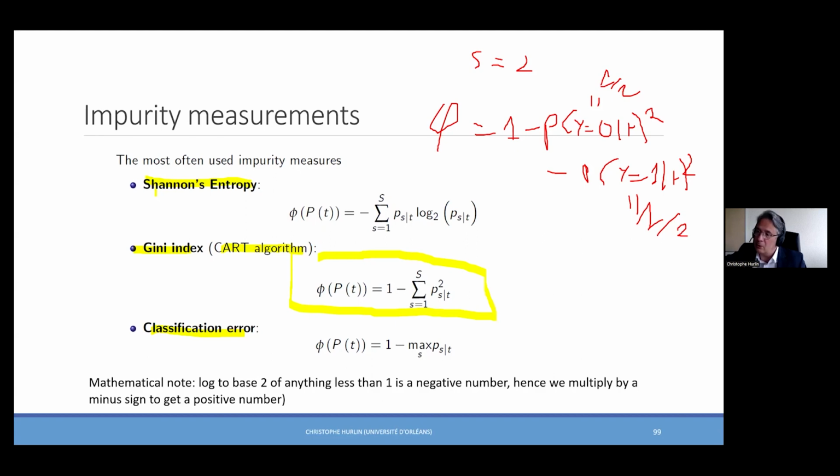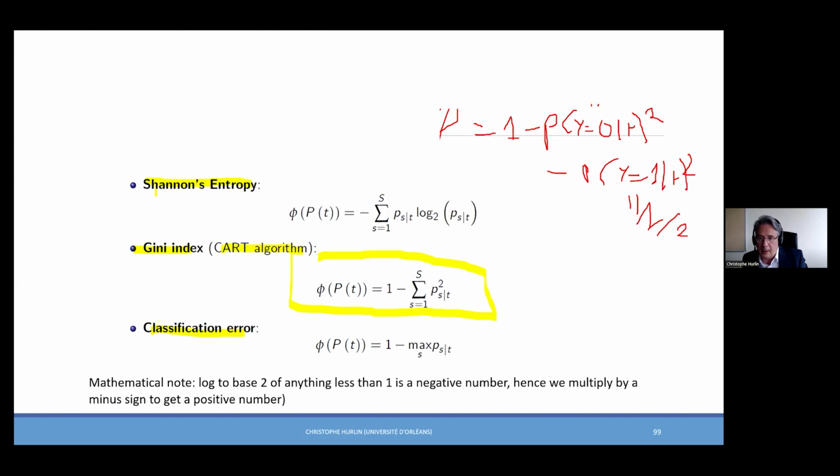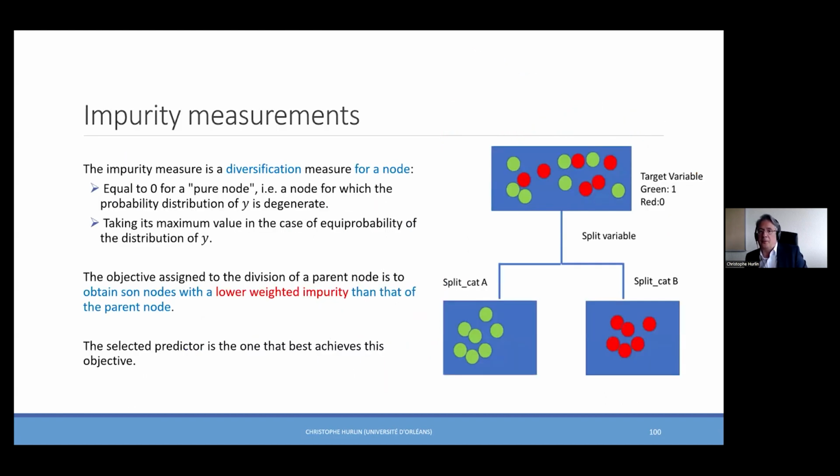This is the maximum value of the Gini index in this case. So the Gini index ranges from 0, where the node is pure, to 0.5, where there is maximum impurity. The impurity measure is a diversification measure for a node. It is equal to 0 for a pure node and takes a maximum value in case of equiprobability of the distribution of y.